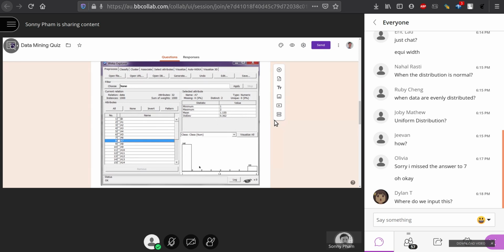So these are the 4 values that you can read straight from Weka. Now, the question is, this attribute has been normalized or standardized, but you don't know which method. By looking at the 4 values, minimum, maximum, mean, and standard deviation, which one do you think is the most important piece of information that will allow you to conclude whether normalization or standardization has been applied to this attribute?